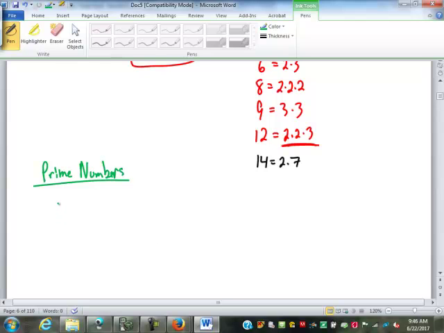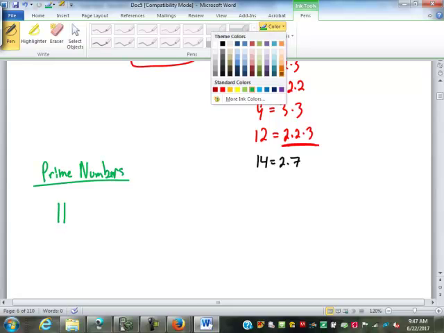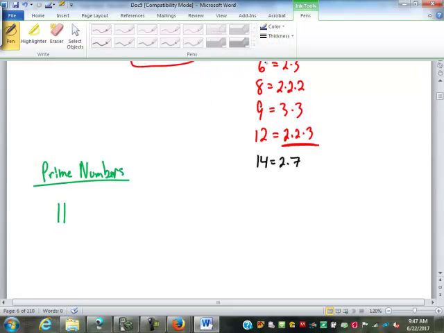Well, as we get bigger from 10, 11 is the next number up, and it is a prime number. Now, I warned you that as we get larger than 10, the divisibility rules get really difficult. You do not have to write this one down. You'll never be quizzed on it or tested on it, but it might be handy to know. The divisibility rule for 11 involves a few-step process.